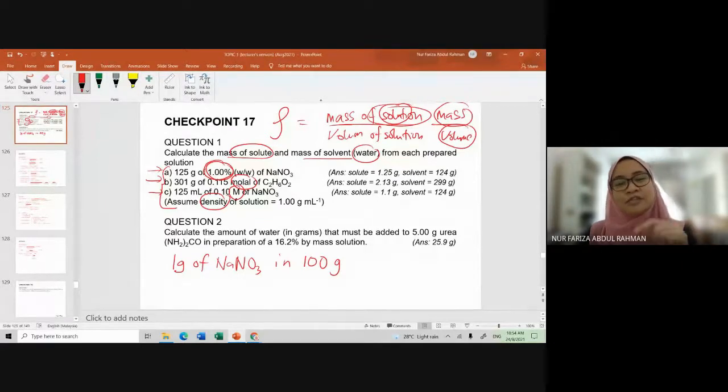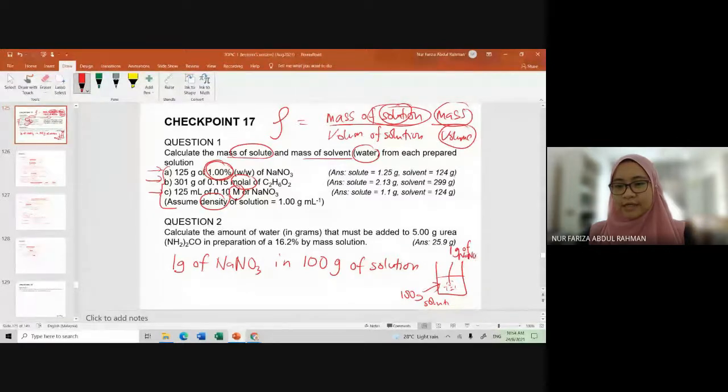That's the thing about mass percent. Sometimes students get confused with gram. That's why you have to specify the entities, the species involved. In this case, the gram of solution. It's not solvent or whatsoever. It's solution. So in this 100 gram of solution, there is 1 gram of sodium nitrate. This is also called sodium nitrate solution.